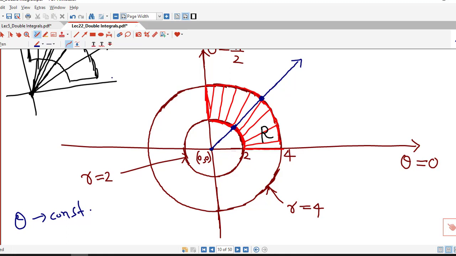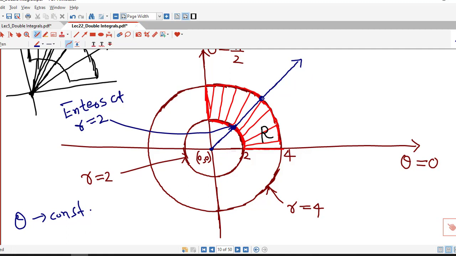So for the lower limit we consider this point. This point is on the circle r equal to 2. So here we write that the ray enters at r equal to 2. The point at which the ray enters the region, at that point we decide the value of r from the curve on which that point lies, and that will be the lower limit of r.